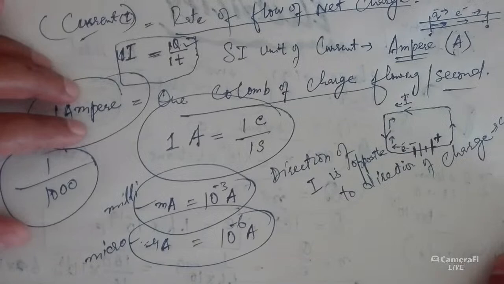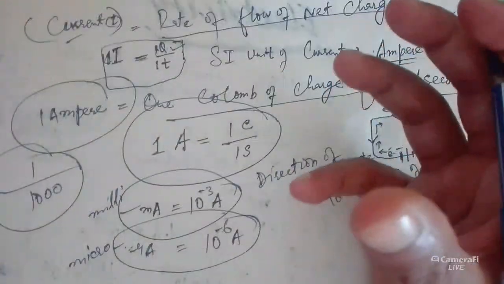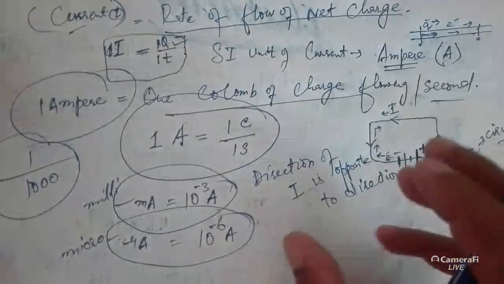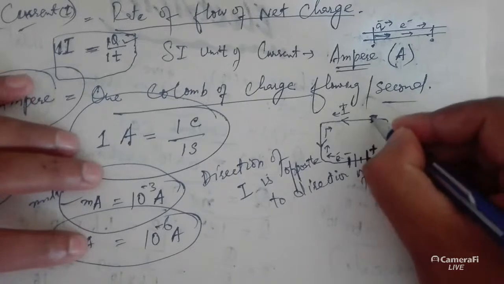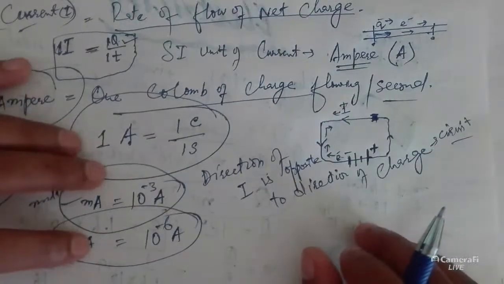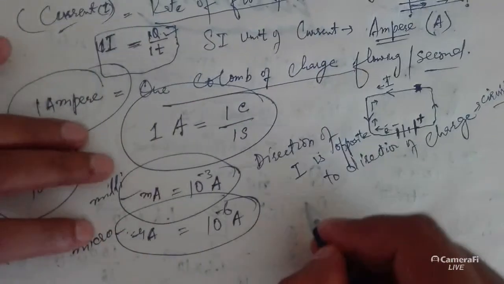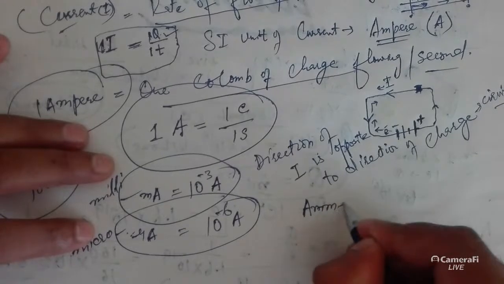So now how can we come to know, how we can measure how much current has been passed in this circuit. So scientists have designed one instrument. That instrument is called ammeter. Okay, ammeter.